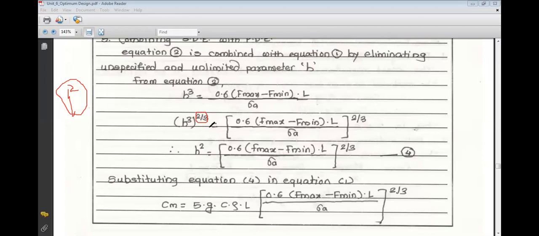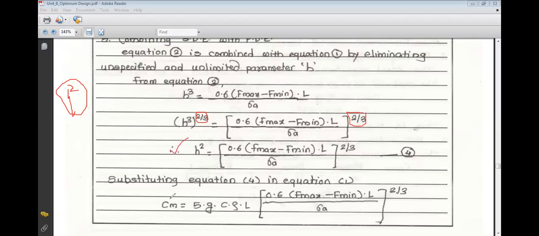Similarly, on the right hand side we raise the term to 2 by 3. So we get the value of h square. Now put the value of h square.